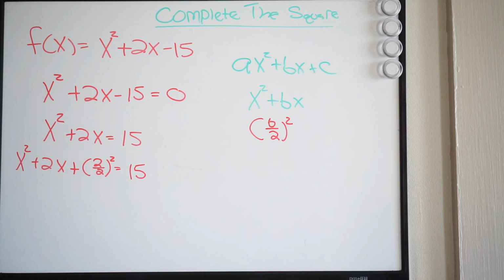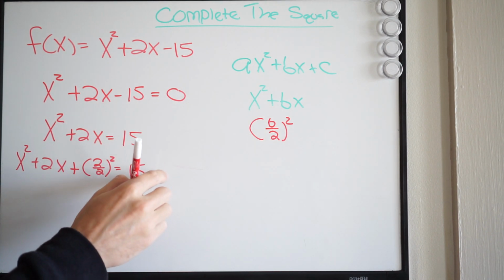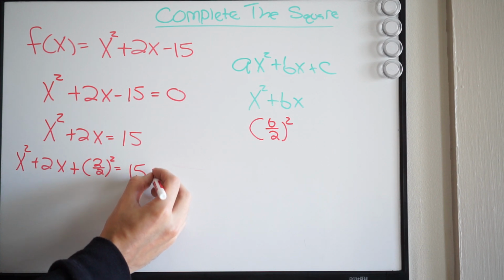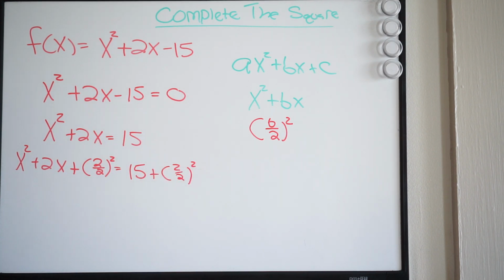Now be careful here. Since we're dealing with an equation, what we do to one side, we also have to do to the other. So since I did 2 over 2 squared here, I also have to add a 2 over 2 squared here. So plus 2 over 2 squared.